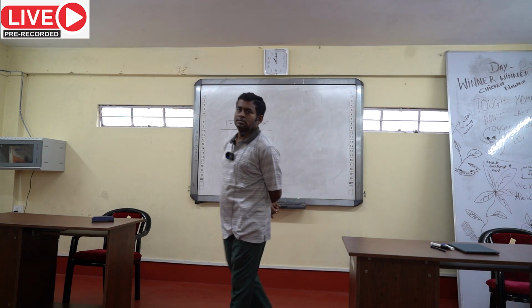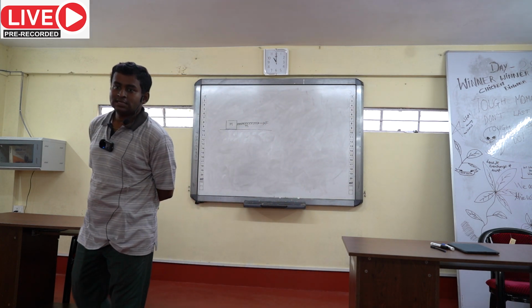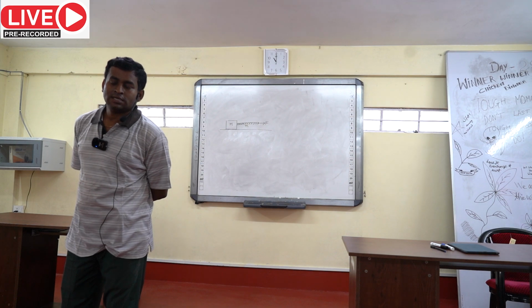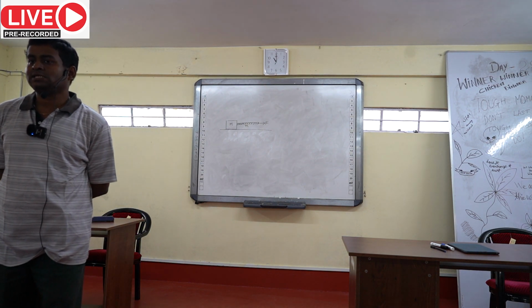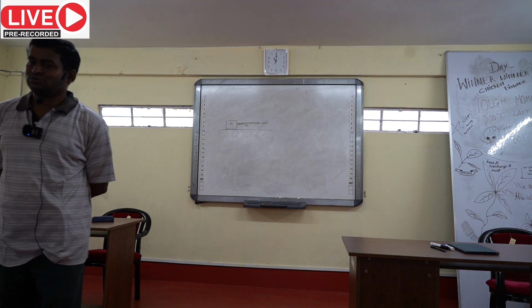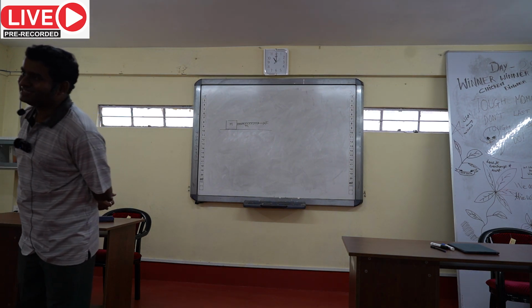F minus small m g? F is in which direction? Horizontal. mg is in the vertical direction. So F minus mg we cannot do.